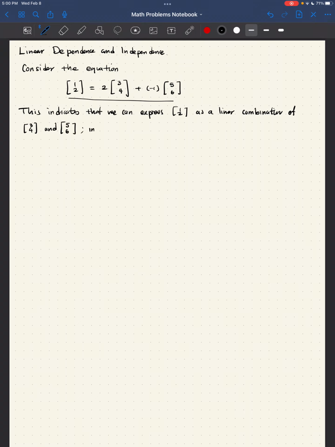So, in a sense, we have that 1, 2 depends linearly on these two vectors, right? Why? Because I can express this vector as these other two, showing that linear dependence, right?